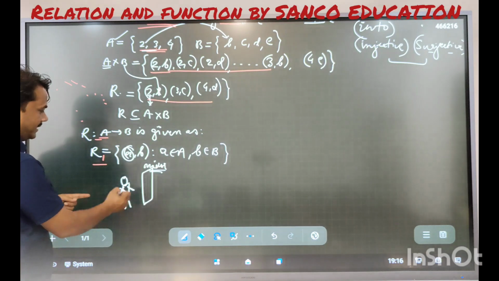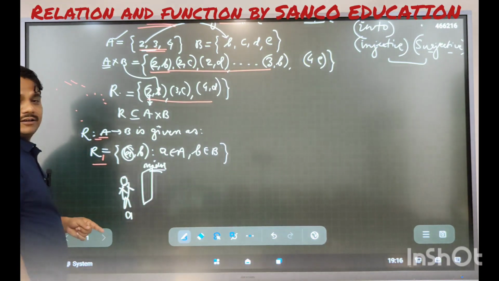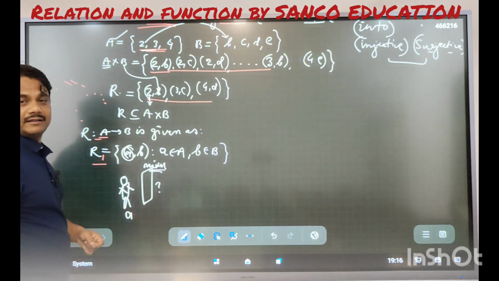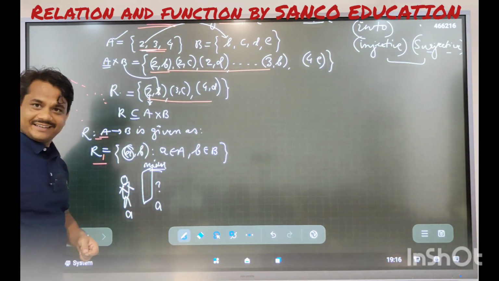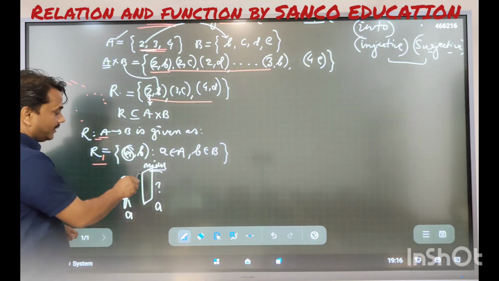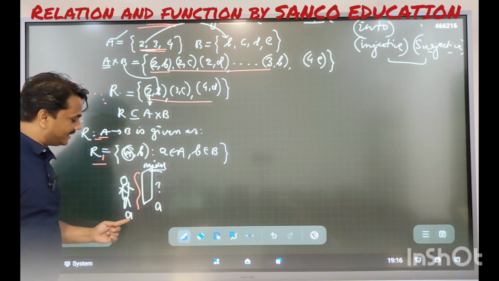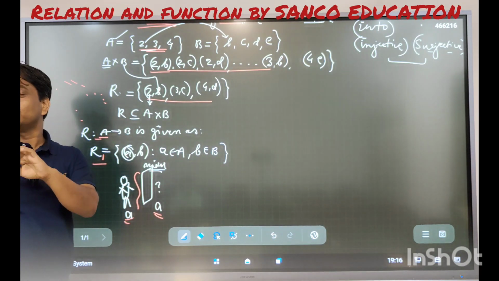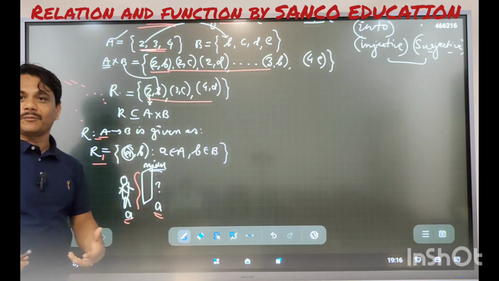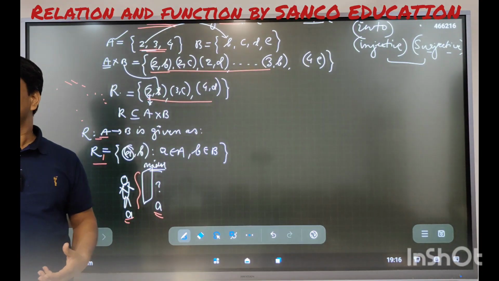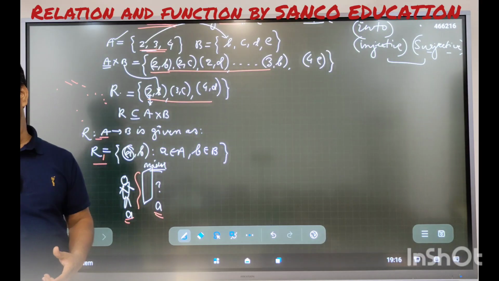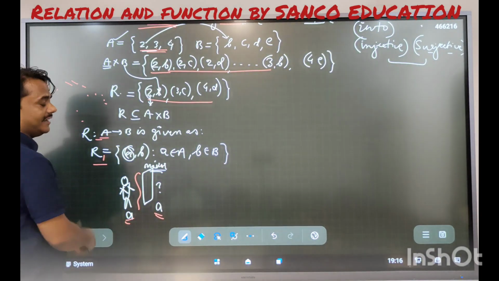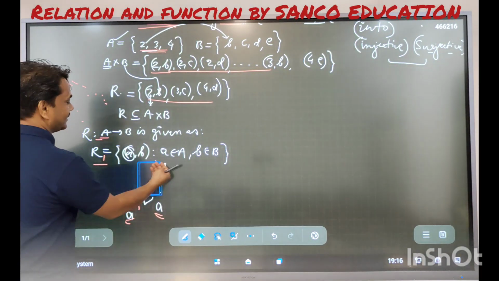It means the domain is A, and what he is observing inside the mirror, the image, is also A. Under this, he is obtaining himself as an image. So this relation is said to be a reflexive relation.